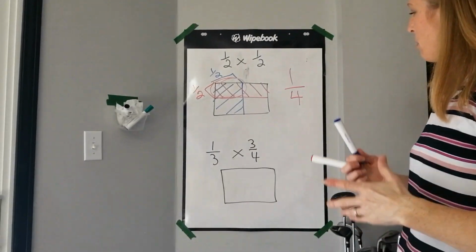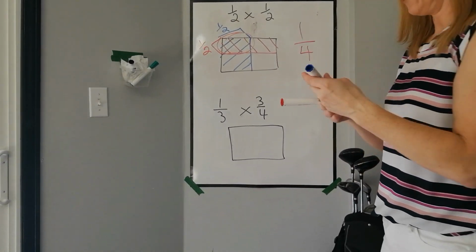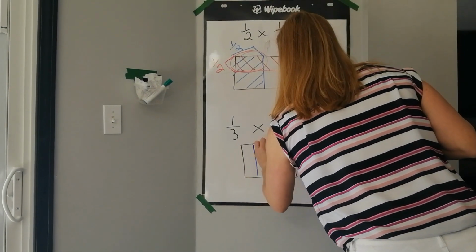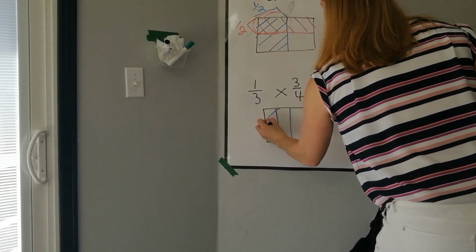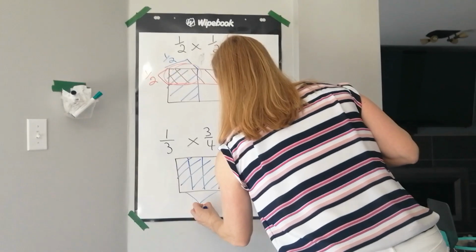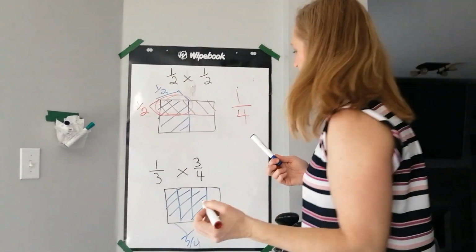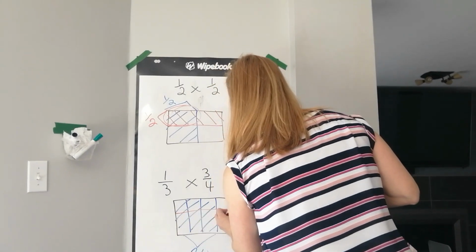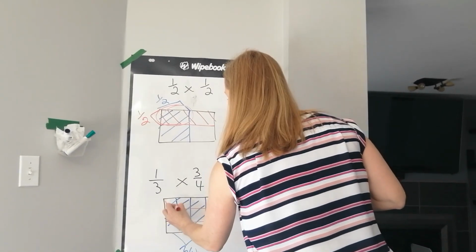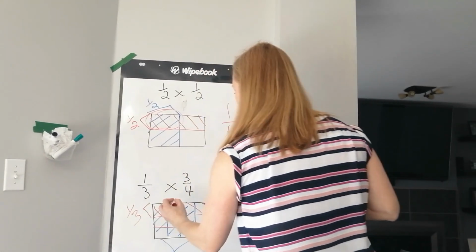Question at the bottom, 1/3 times 3/4. Well, I'm going to find 3/4 first. 1, 2, 3, 4, and I'm going to shade those in. I'm going to label them 3/4. Then I'm going to split this into 3 pieces, where I'm going to quickly find 1/3.